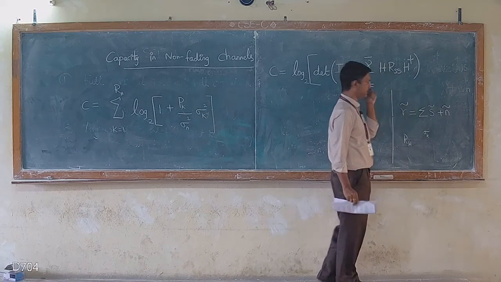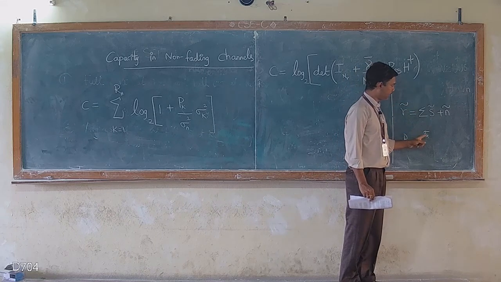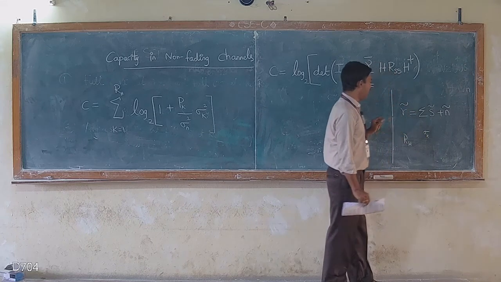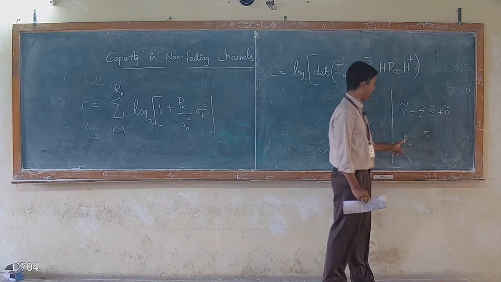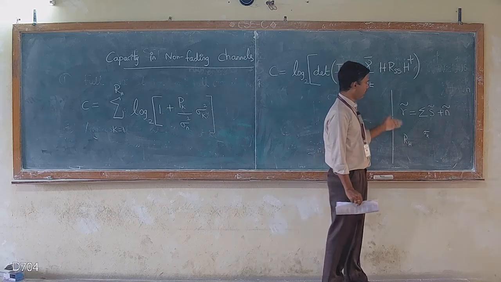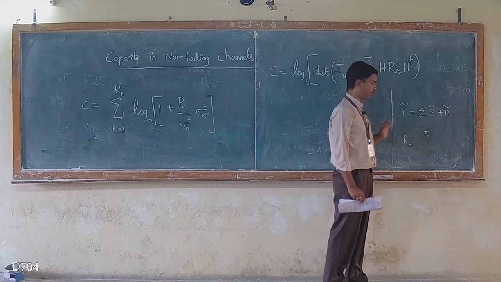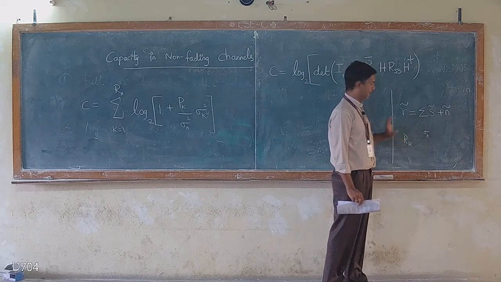The number of non-zero sigma k is the rank of the matrix. So if all the diagonal elements are non-zero, then the matrix is said to have full rank RH.